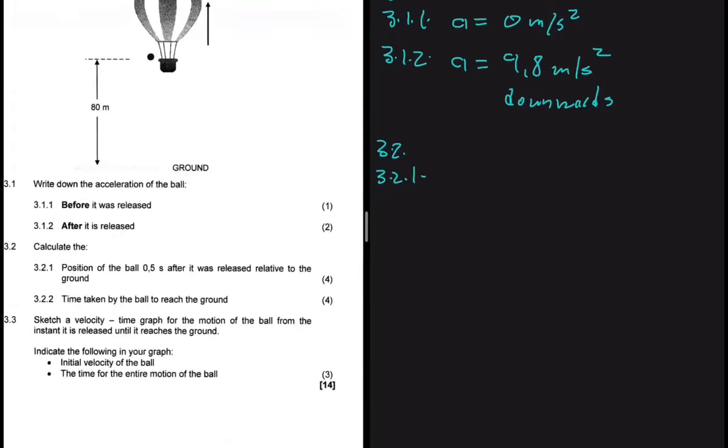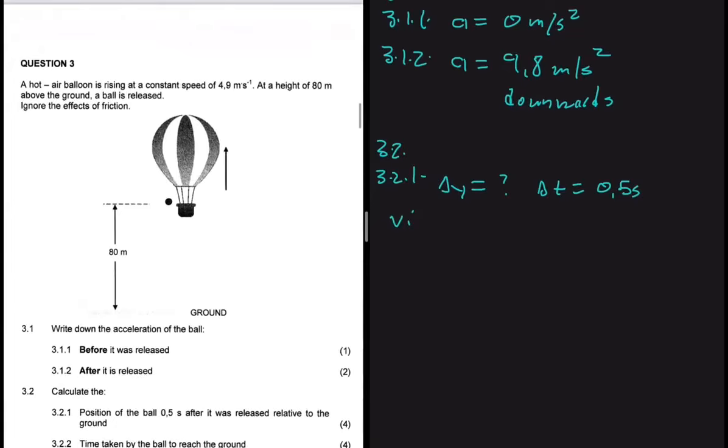So we want the position of the ball 0.5 seconds after it was released relative to the ground. So let's gather the information we have and see which equation we're going to use, right? So we know fully well that we're looking for delta y, right? And then what do we have? We have delta t, which is equal to 0.5 seconds. And then we also have vi, right?